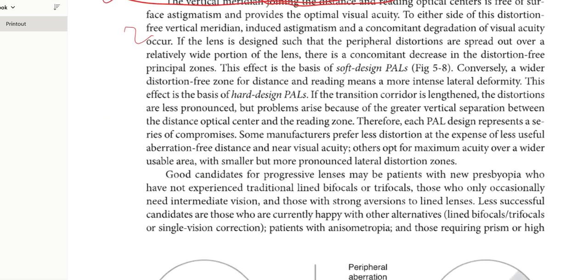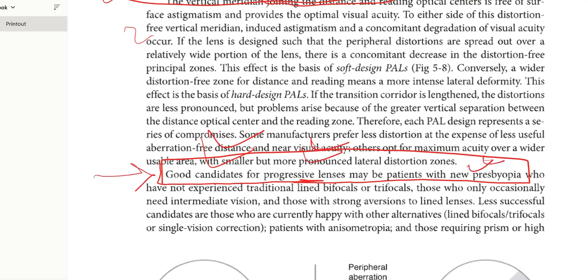One MCQ which comes from this: good candidates for progressive lenses may be a patient with new presbyopia. There will be an MCQ that a patient has come with new presbyopia. What will you advise? You will advise progressive lenses.